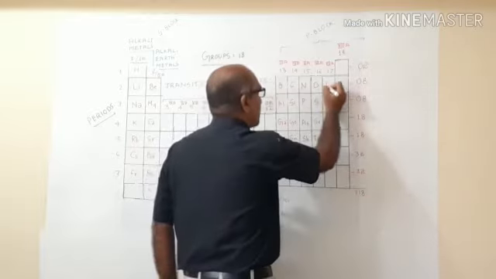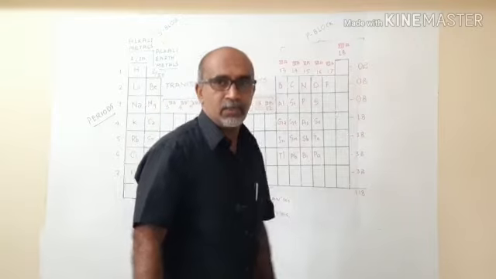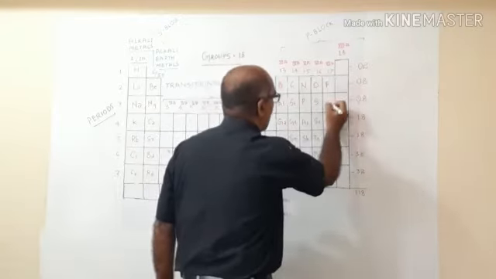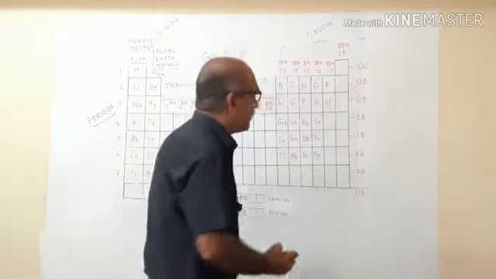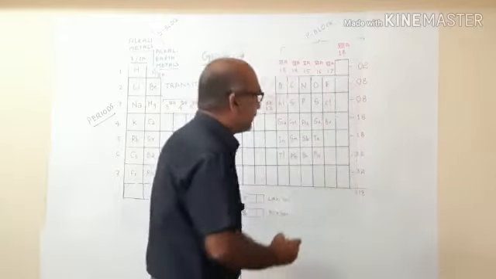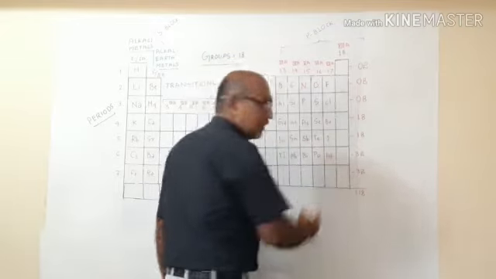Next we go for the next row. It starts with fluorine. These group elements are called halogens. Then chlorine, then bromine, then iodine, astatine, At.